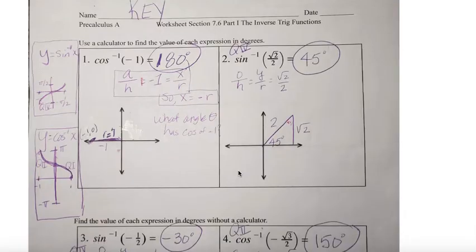For the first two problems, you were just asked to use your calculator. I didn't do that. I went and did it all out, but yeah, I should read directions too, huh? Just use your calculator. If you just put it into your calculator, you'll get these values. However, let's just take a look at this. Cosine inverse of negative 1, that's like asking what angle measure has a cosine of negative 1. Cosine is the x-coordinate.